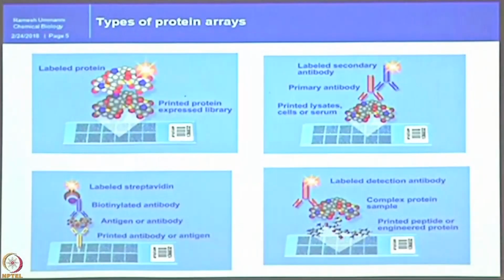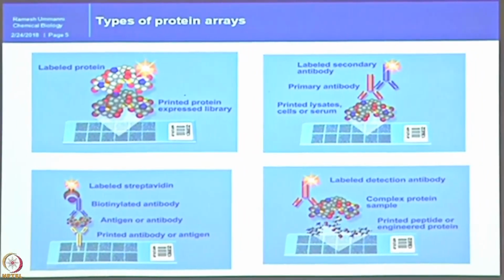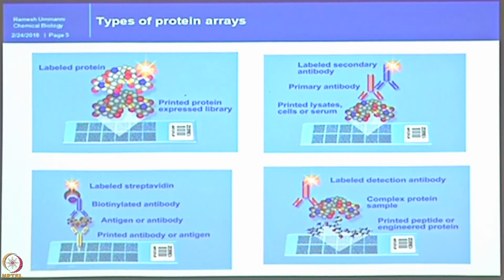If you look at this cartoon, there are different types of arrays. In the first cartoon, you can see a slide with a barcode, a glass slide printed with protein expression libraries. If you add a pre-labeled protein to the glass slide, and the proteins printed on the slide have interacting partners in the lysate, they will attract and immobilize them.